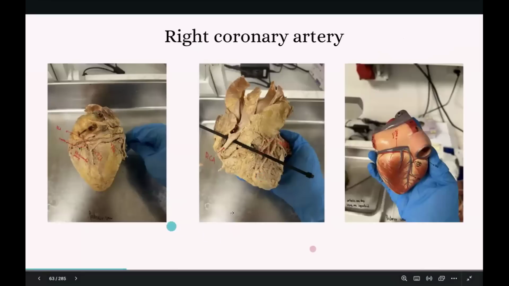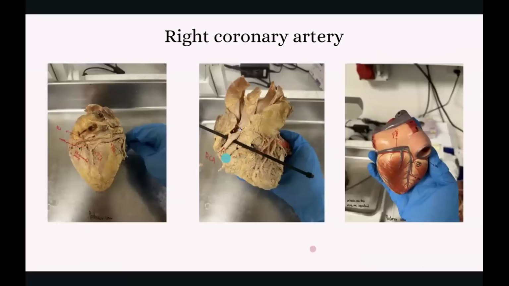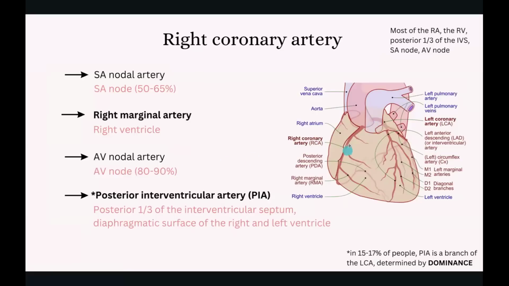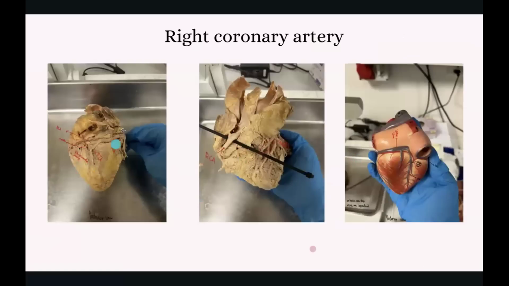Okay, now these are just some cadaveric pictures of the right coronary artery. Over here, this is basically the same view that we're looking at here, and you can see the artery branching off of here, and this is the right coronary artery. And then this is the posterior view. As I told you, after the right coronary artery courses anteriorly for a bit, it's going to go posteriorly. So this is where you're going to see it coming posteriorly.